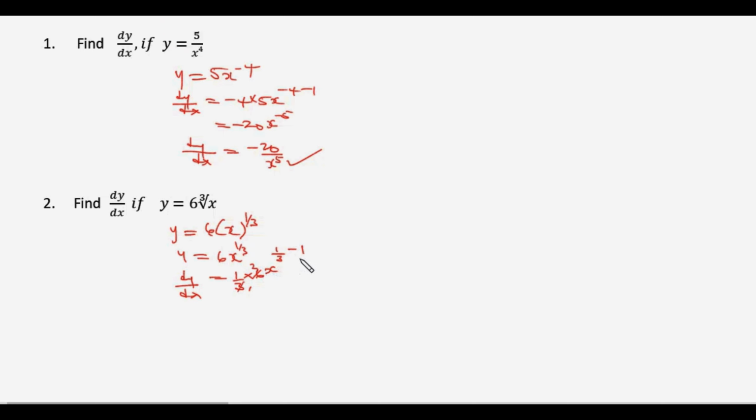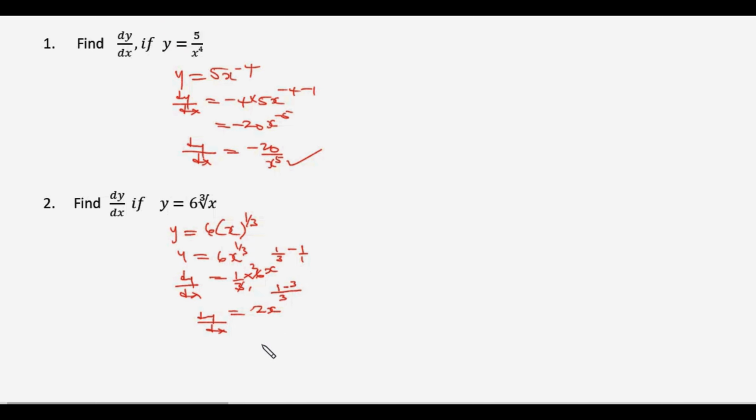Rest of this, so we find the LCM here. 1/3 minus 1, find the LCM, so we write dy/dx is equal to 2x, now this is 3, the LCM here is 3. So 3 to itself 1, 1 times 1 is 1, minus 1 into 3 is 3, 3 times 1 is 3.